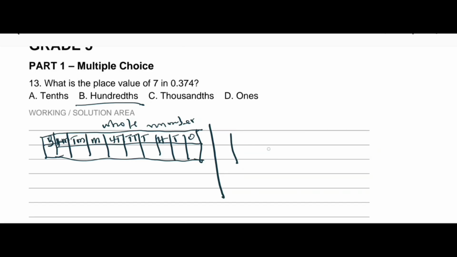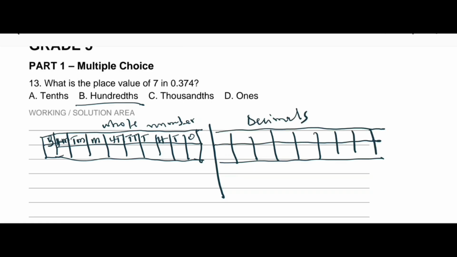Decimals start from ones, tens, hundreds, thousands, 10,000, 100,000, 1 million, 10 million, 100 million, and then 1 billion.